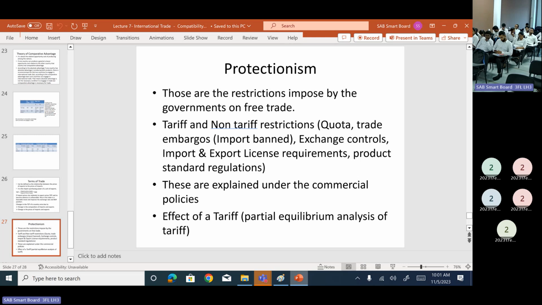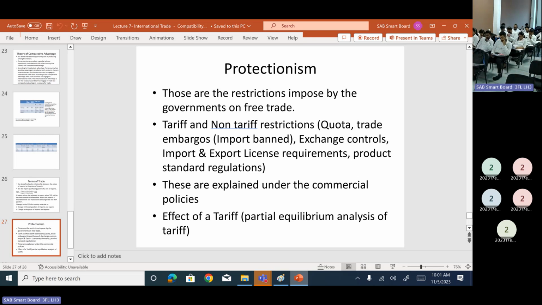Also license requirements, which limit imports and exports as well. And standard regulations: sometimes quality standards and health standards are introduced, and when importing or exporting we need to meet those standards, so that limits imports and exports. Those are the basic types of non-tariff barriers.